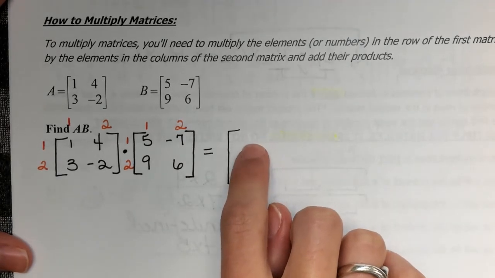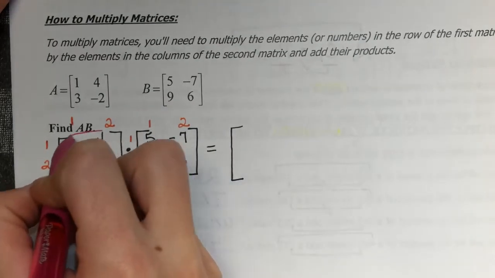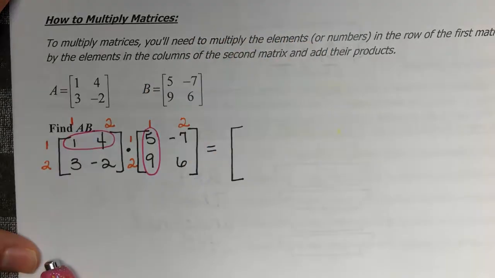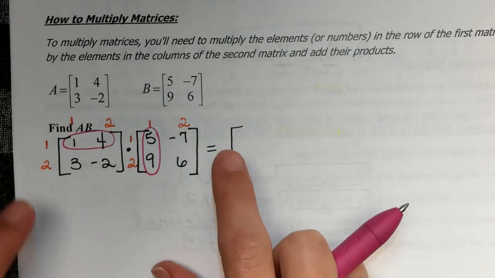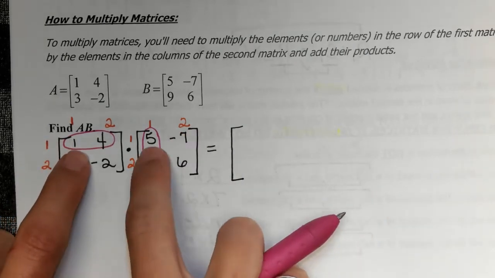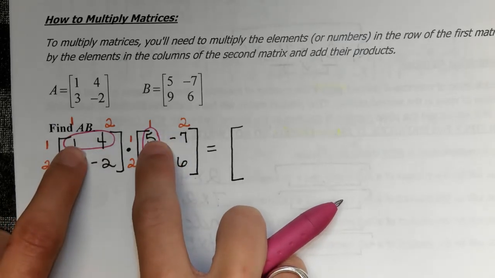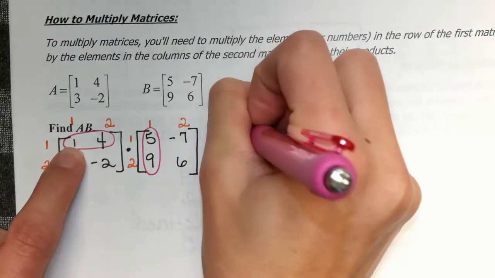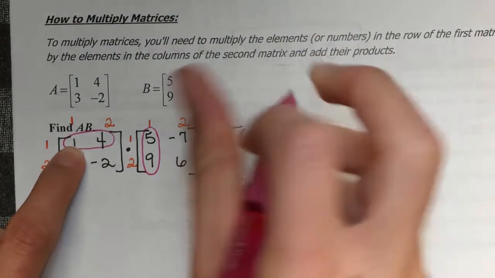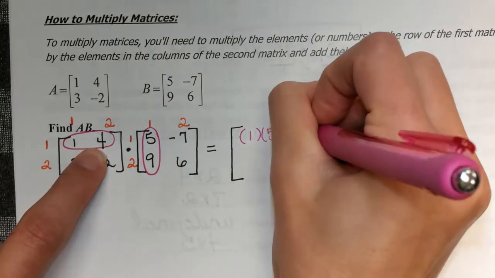I'm going to multiply first row, first column to get the number for first row, first column. You see how you have two numbers? You're going to multiply first number times first number, so 1 times 5, and add second number times second number, 4 times 9.